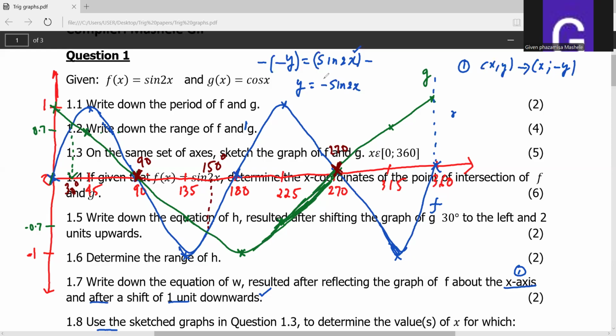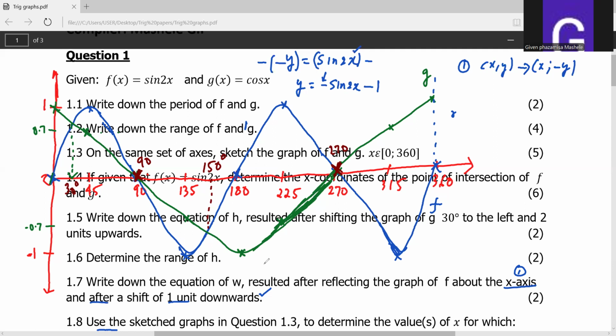This is a reflection about the x-axis. Why? The x does not change. What changes is the y. I believe you are following. Then again, it has to shift how many units? 1 unit downwards. So it will be outside. So it's going to be minus 1. So it's 1 unit downwards. So we have reflected the graph about the x-axis, then thereafter we shifted the graph 1 unit downwards.